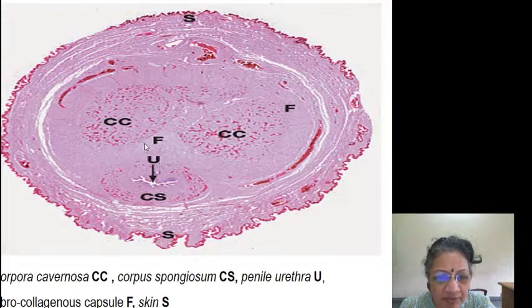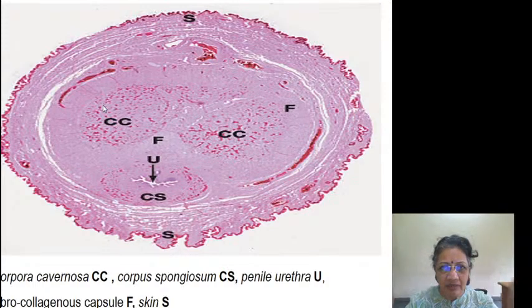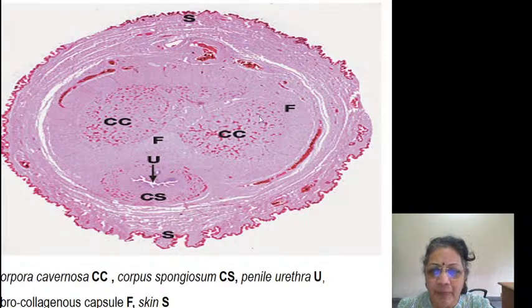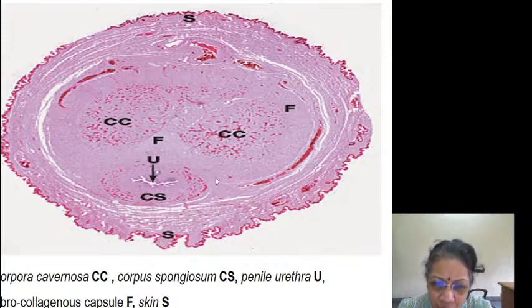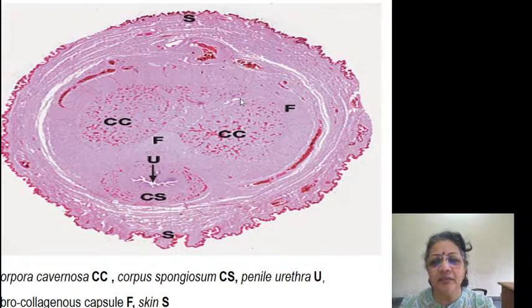Inside also, this F is a fibrocollagenous domain. This is a fibrocollagenous domain. The erectile tissue is smaller than the dimension of the corpus, because the corpus consists of this fibrocollagenous layer, quite a bit of it, from this much to this much, and then the erectile part is in the center of that. So this is what it looks like at very low power.